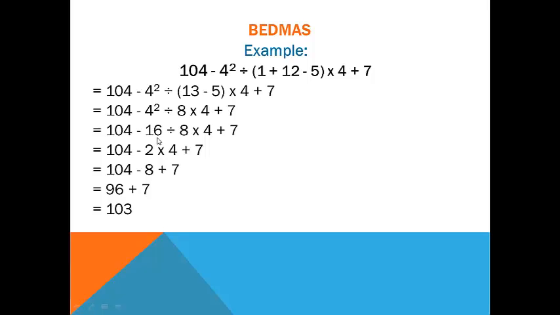So 16 divided by 8 is 2. And now I see from left to right, I see another multiplication here. So I'm going to do the 2 times the 4, and I get the 8 here. So now I'm left with just subtraction and addition. So I'm going to do 104 minus 8. I get 96. Plus the 7 here, and finally I end up with 103.